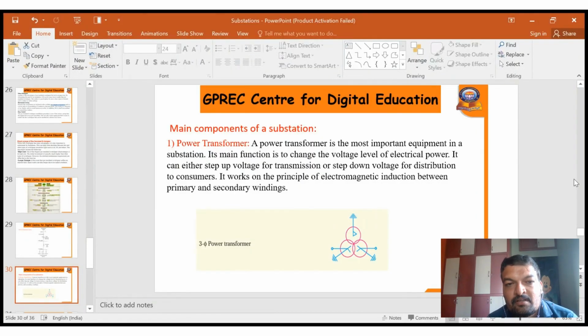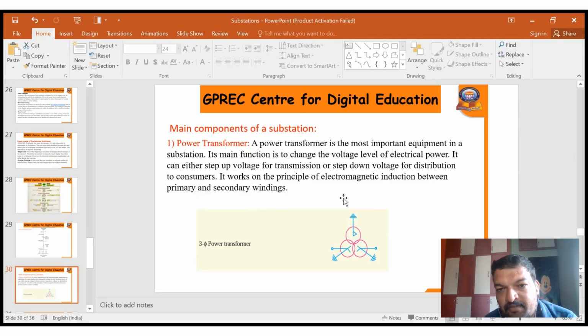We know that transformers are used to either step up from generation to transmission or step down from transmission to distribution. So power transformers are used in between generation and transmission, or transmission and distribution.